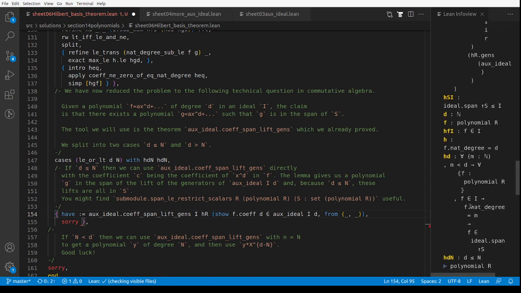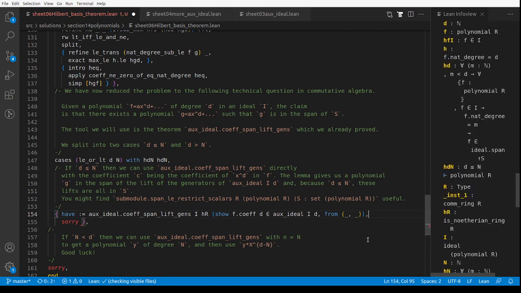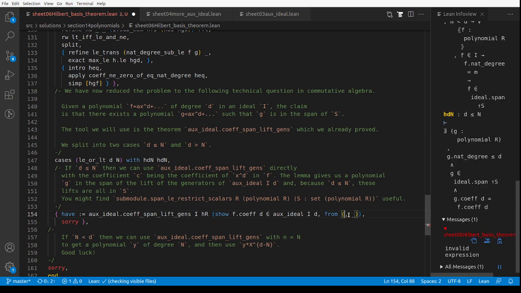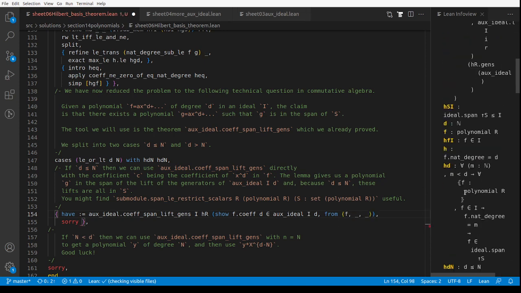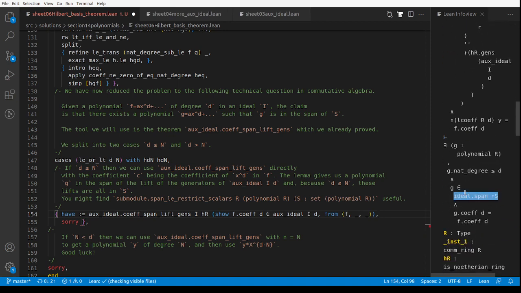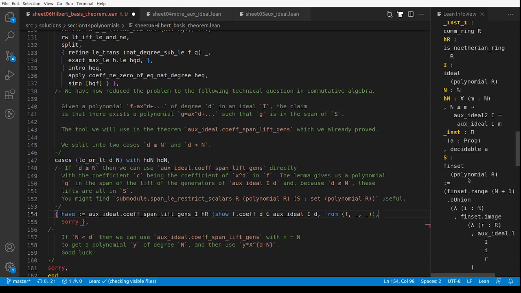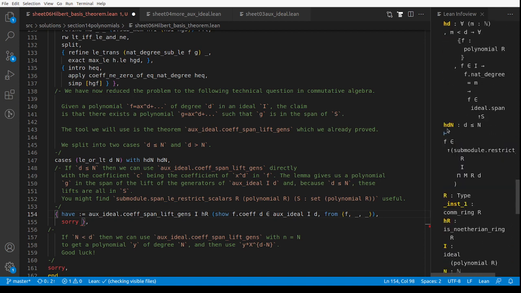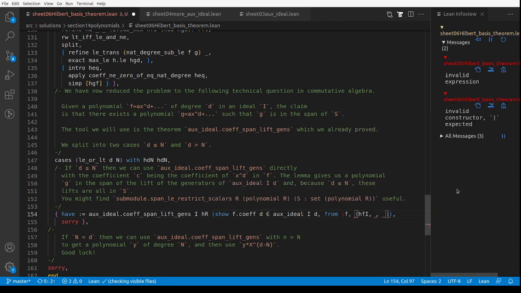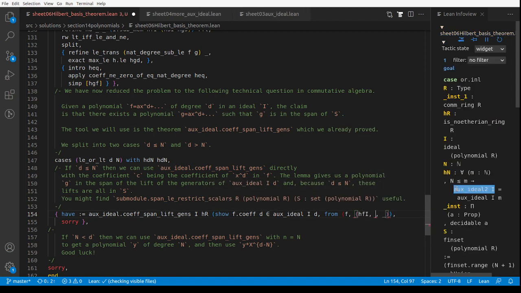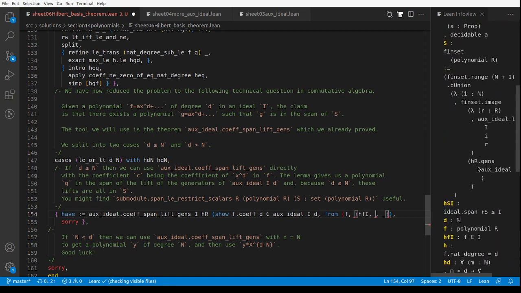And what's the first of them? It wants the polynomial, so the polynomial is f, and then it wants some proofs. What proofs does it want? That's the original goal, the thing we're working on. It wants a proof that f is in I and a proof that the degree of f is less than or equal to d. So that'll probably be called HFI, and this will be called whatever the proof that degree of f is equal to d is called.